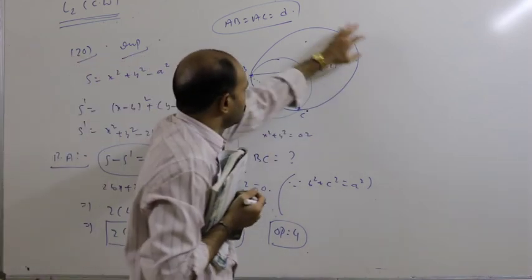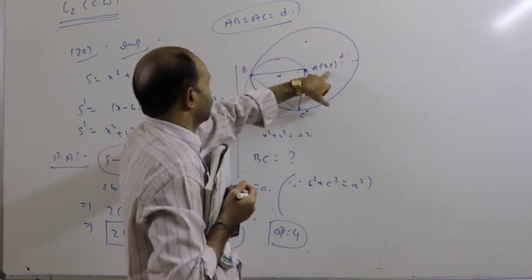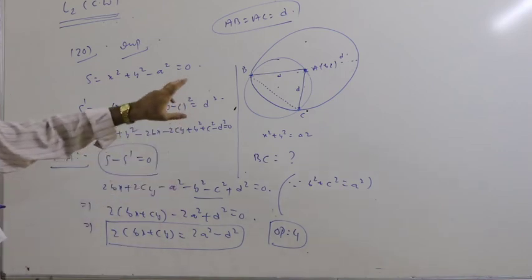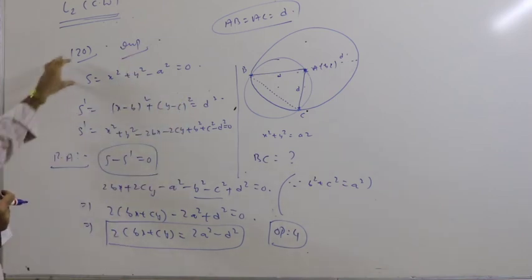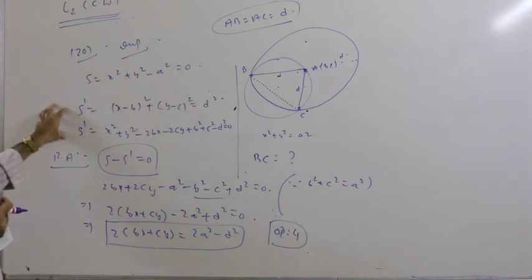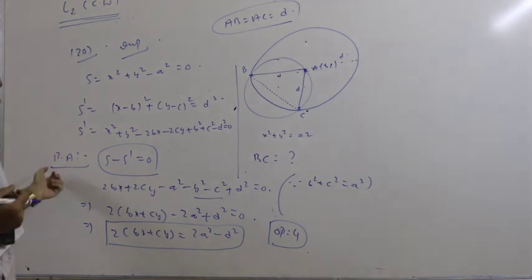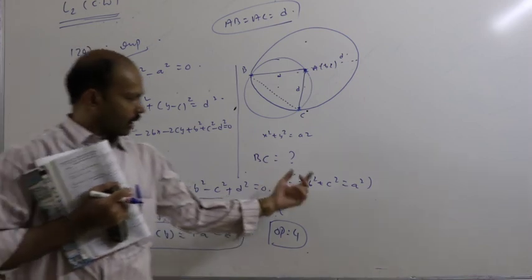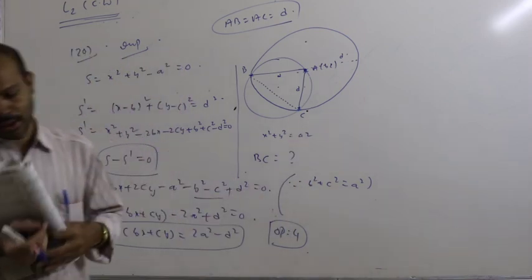Construct a circle with center A and radius D. Now automatically they become intersecting circles. Circle 1, we need circle 2, you know how to write. Write the radical axis. This is your conclusion. Here, use the value of b square plus c square equal to a square.